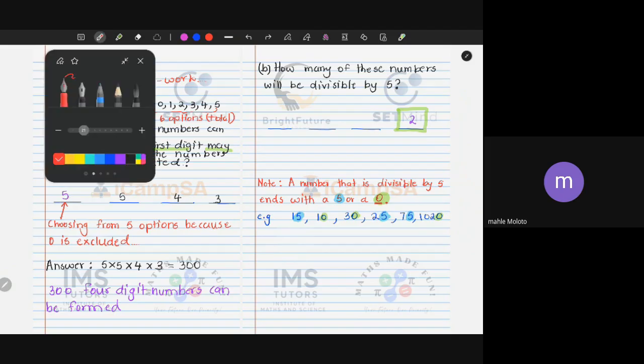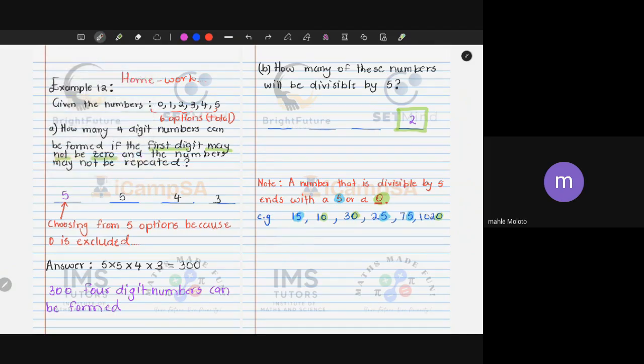Now that, guys, we have forced the last digit to be either a 0 or a 5, what happens to the first number here? How many options do we have? Remember that the first number cannot be a 0.